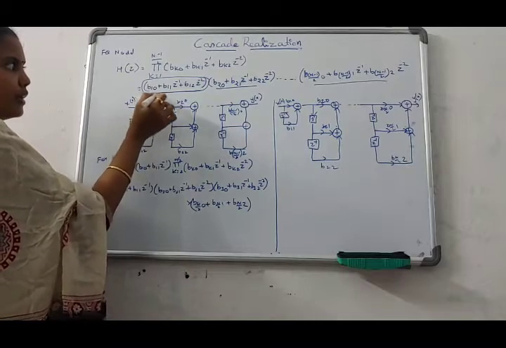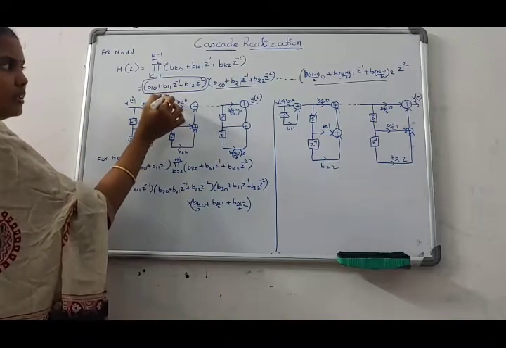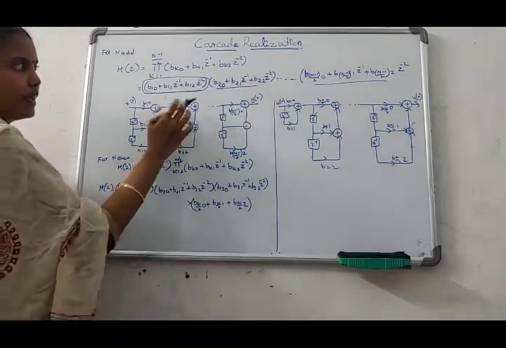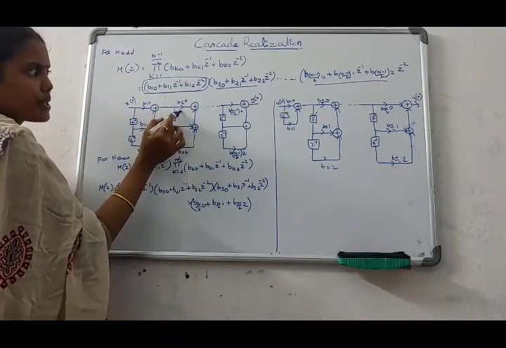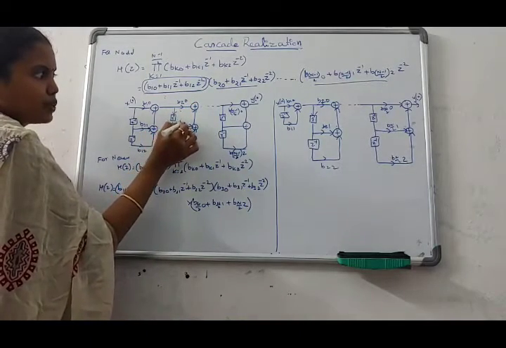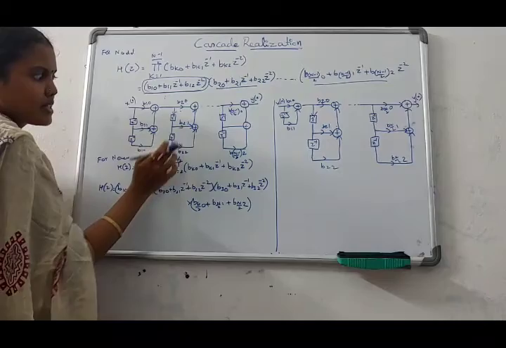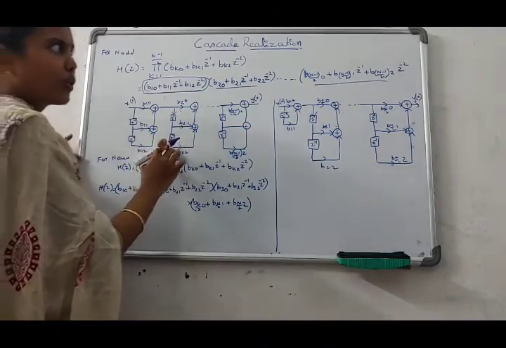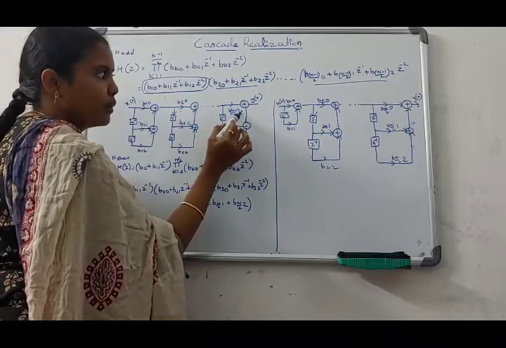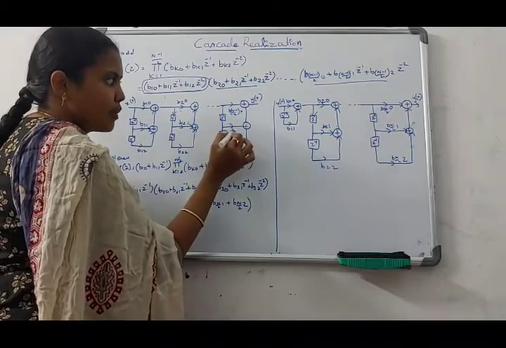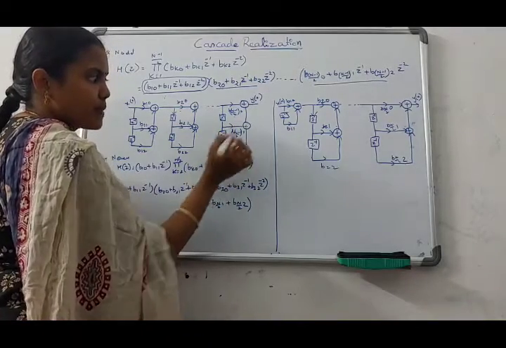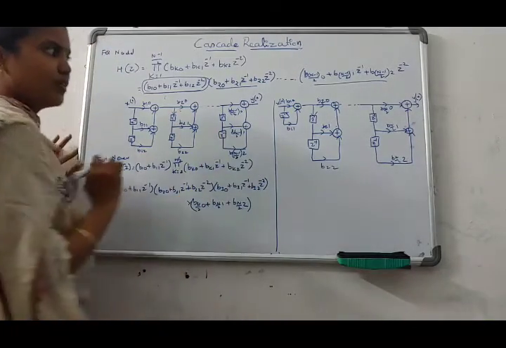So this is one part. Then you have to cascade this with this one: b20 plus b21 into z inverse plus b22 into z inverse. And so on up to the last term: b of (N minus 1) by 2, 0 plus b of (N minus 1) by 2, 1 z inverse plus b of (N minus 1) by 2, 2 z inverse.